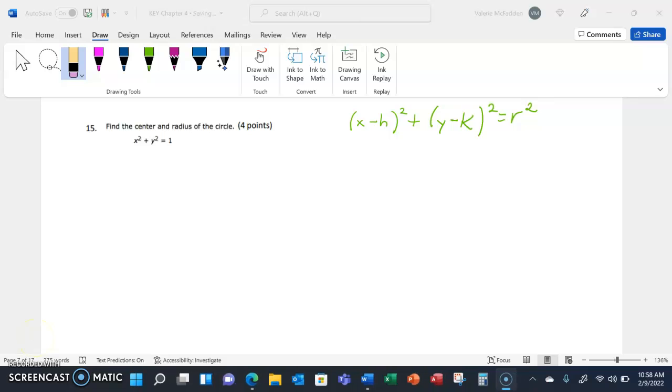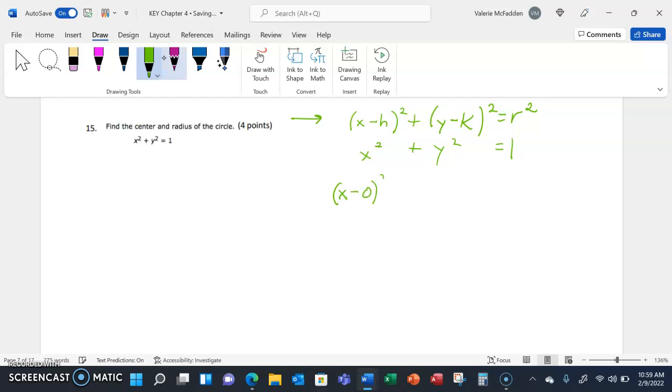Number 15 also relates to a circle. This time we're finding the center and the radius of the circle. Here's our standard form for a circle, and we just have x squared plus y squared is equal to 1. So it must have originally been x minus 0 squared plus y minus 0 squared is equal to 1.